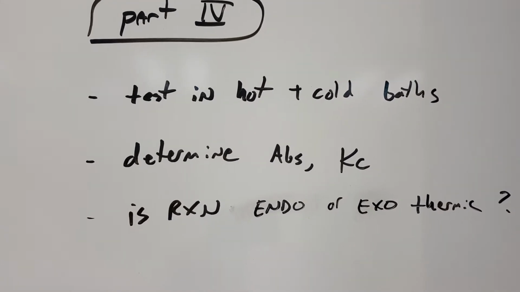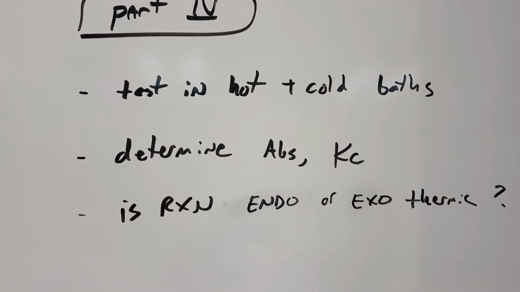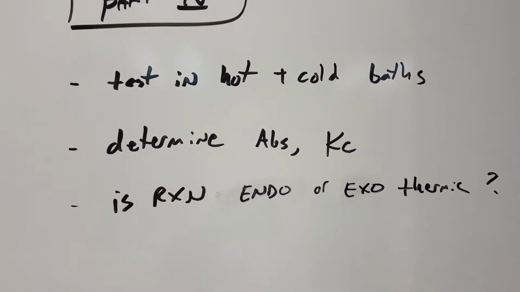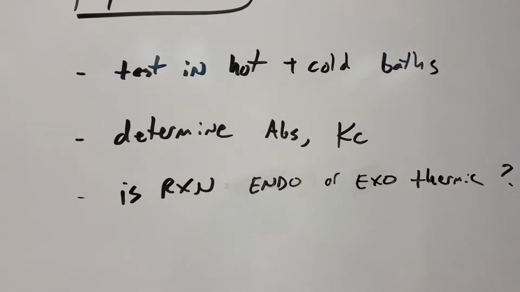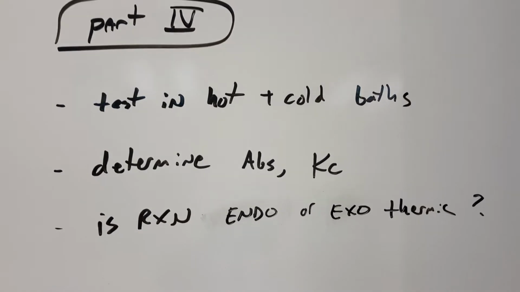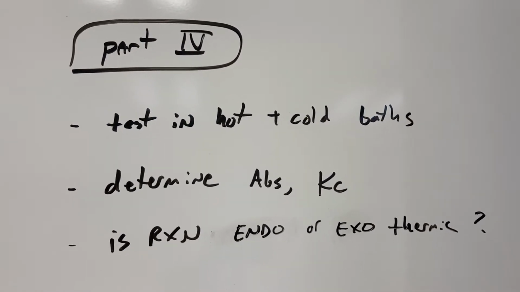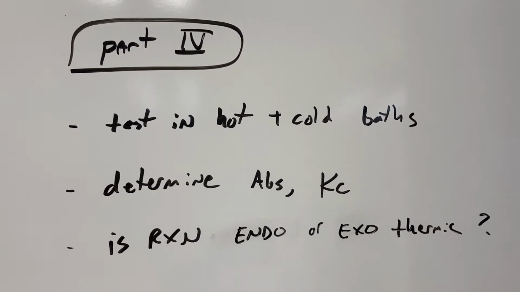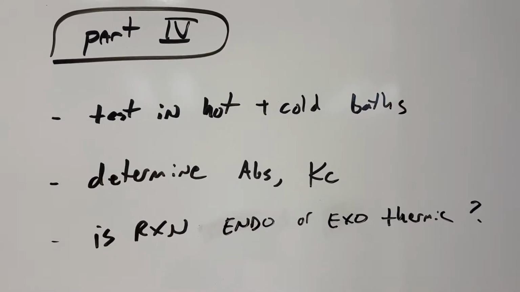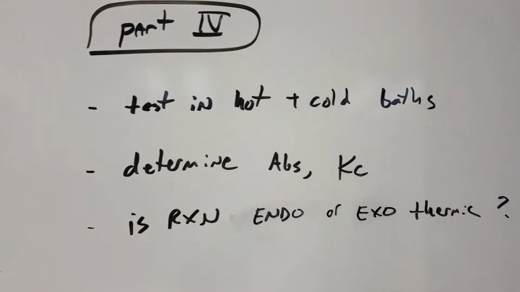We'll take the temperature, we'll mix them, we'll test the absorbance, and then we will determine the value for Kc, and so we can answer the question, is this reaction endo or exothermic? Meaning, how is it influenced by the addition or removal of heat? Does it shift to the left? Does it shift to the right? That's what's going to help us to determine whether the reaction has a negative delta H or a positive delta H.